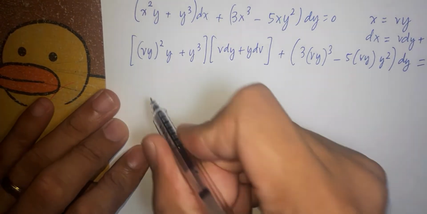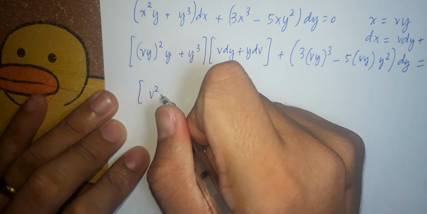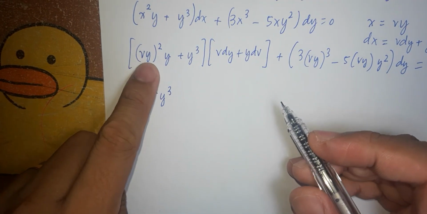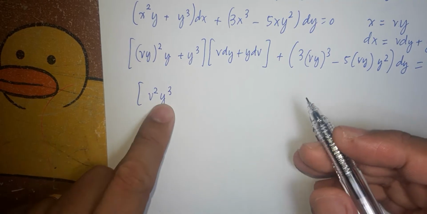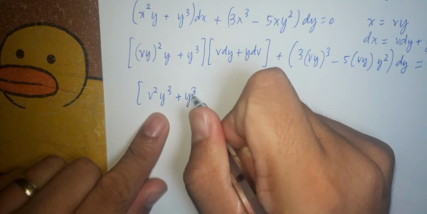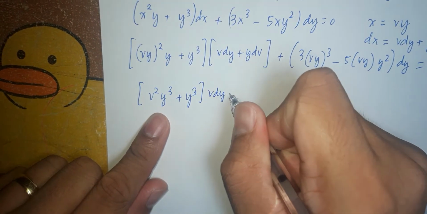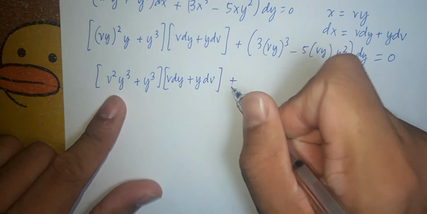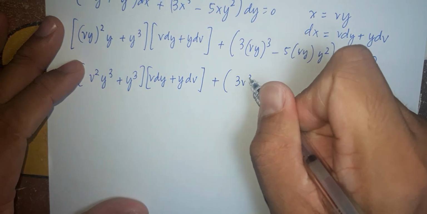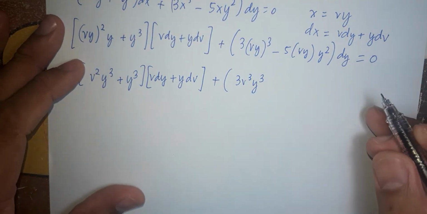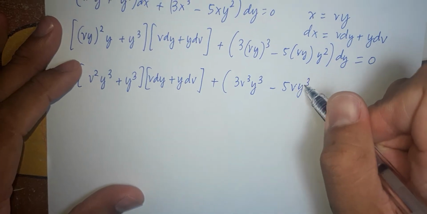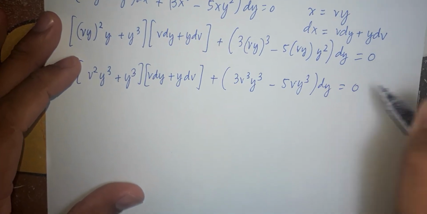So, simplify muna natin. This is v squared y squared multiplied by y, is v squared y cubed, plus y cubed times (v dy plus y dv), plus 3v cubed y cubed minus 5v y cubed dy is equal to 0.